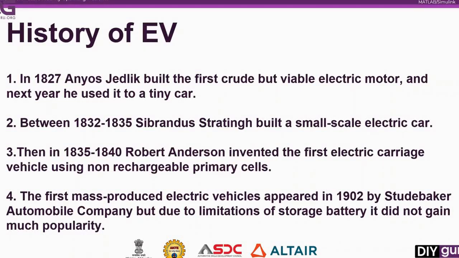But in the case of electric vehicles in the early 1900s or early 2000s, the charging time was very high. If you wanted a vehicle with a 100-kilometer range, you had to charge about 18 to 20 hours. So fast charging options were not available, which became the major reason why electric vehicles failed to gain popularity in their early days.